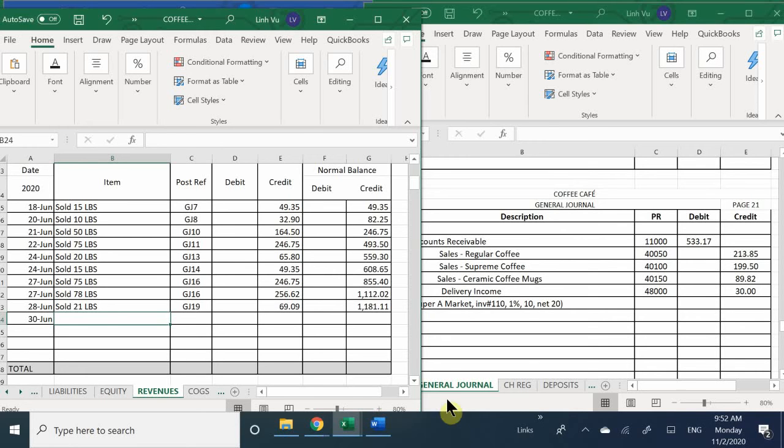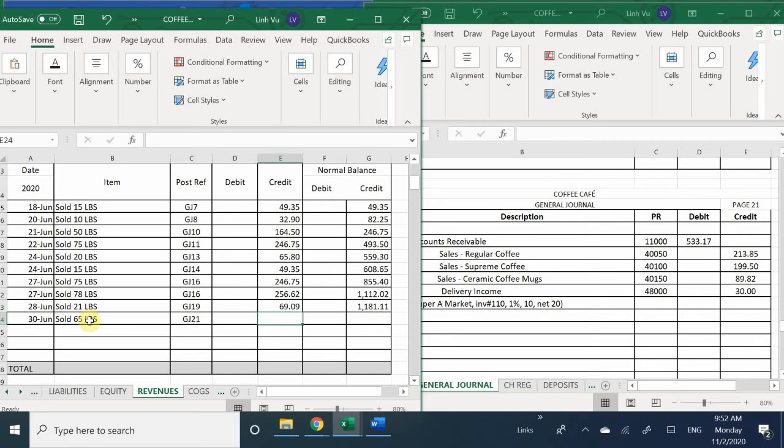And then we sold 65. Wait, let me look at this scenario. Okay, we sold 65 pounds. General Journal 21, and it's for $65 is the credit.